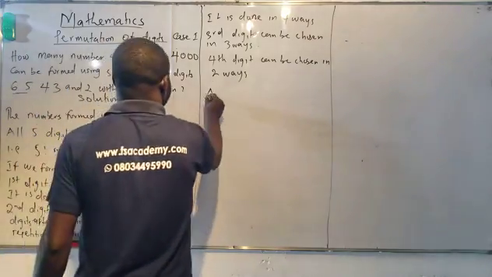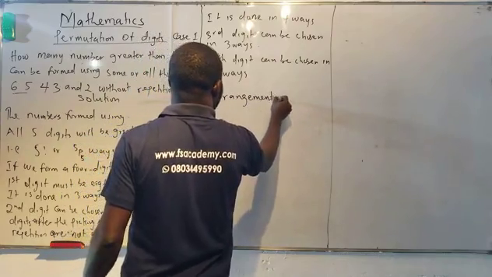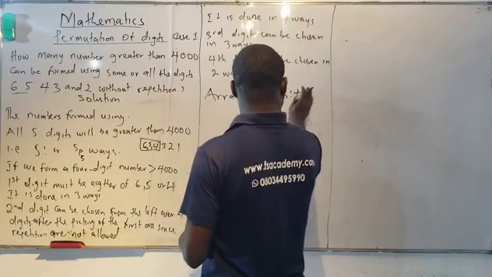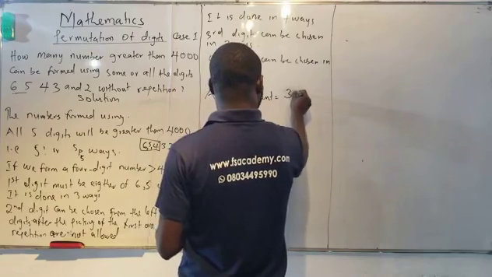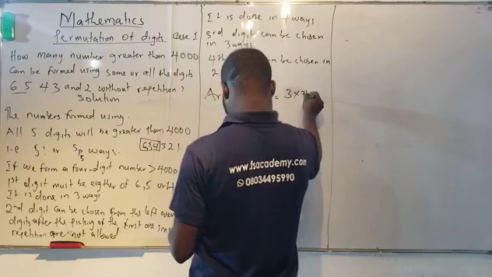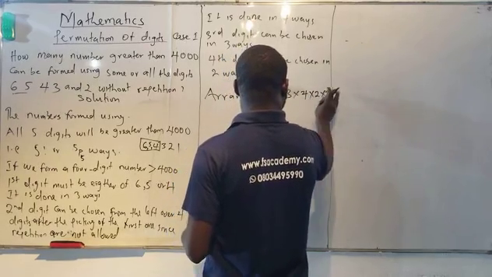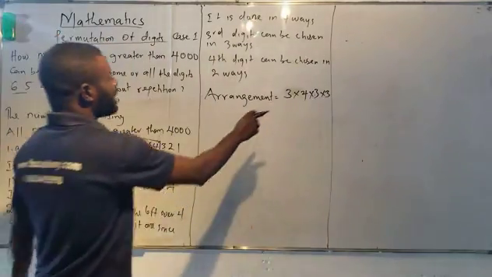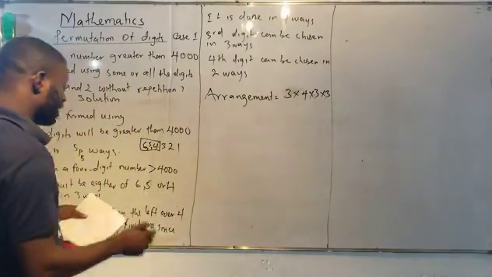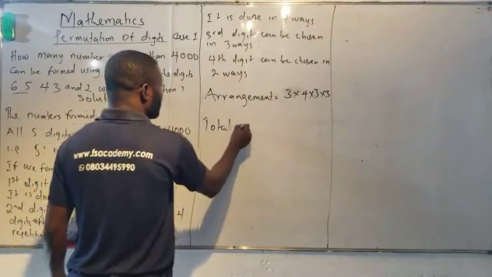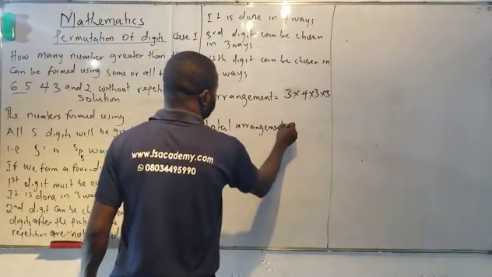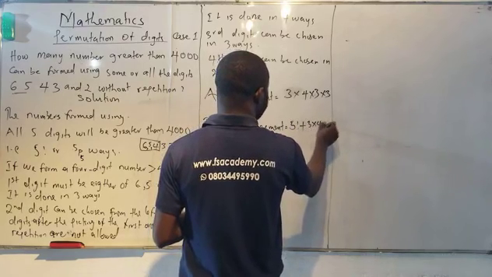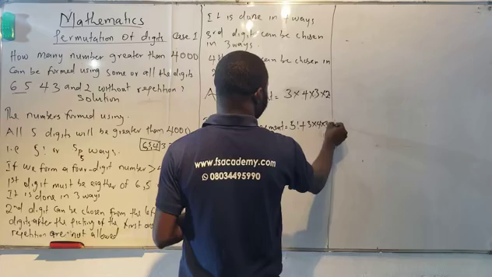Now, the total arrangement will be equal to 5 factorial plus 3 multiplied by 4 multiplied by 3, it should be 2, sorry, multiplied by 2.